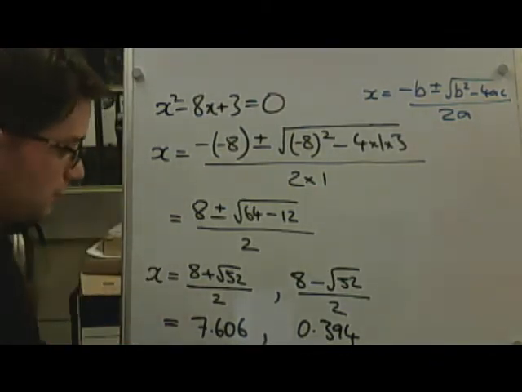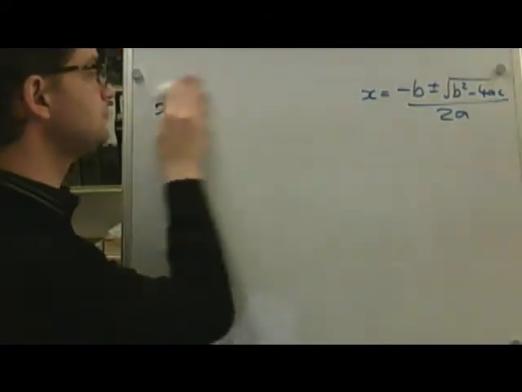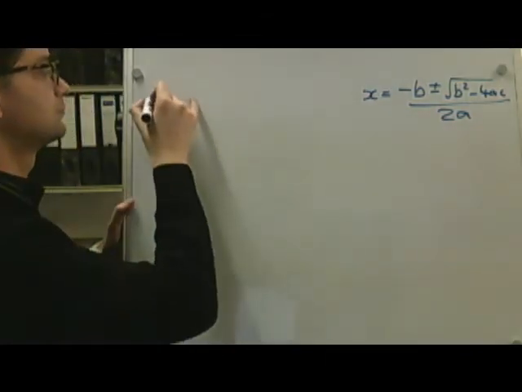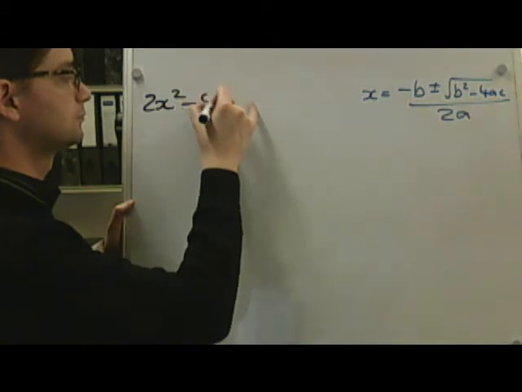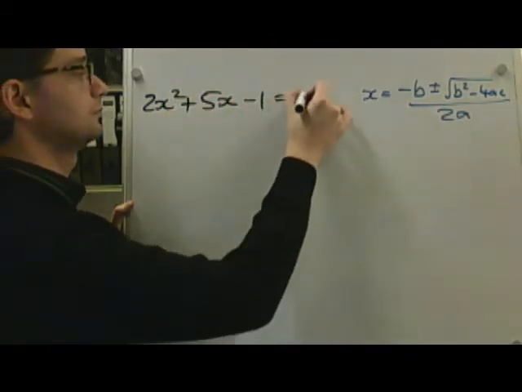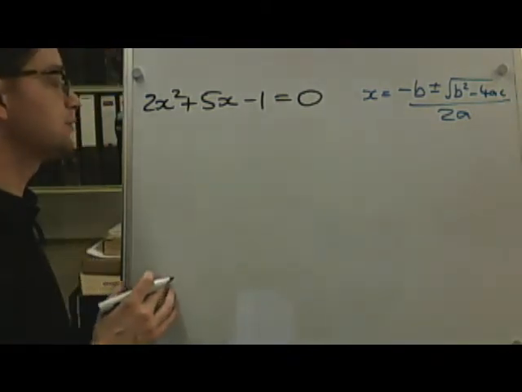We'll do another example very quickly. Two x squared plus 5x minus 1 equals 0.